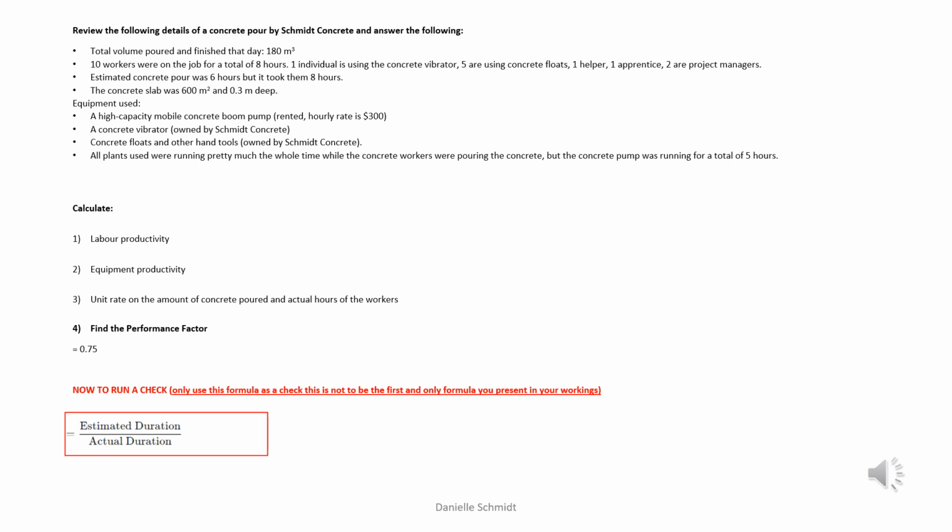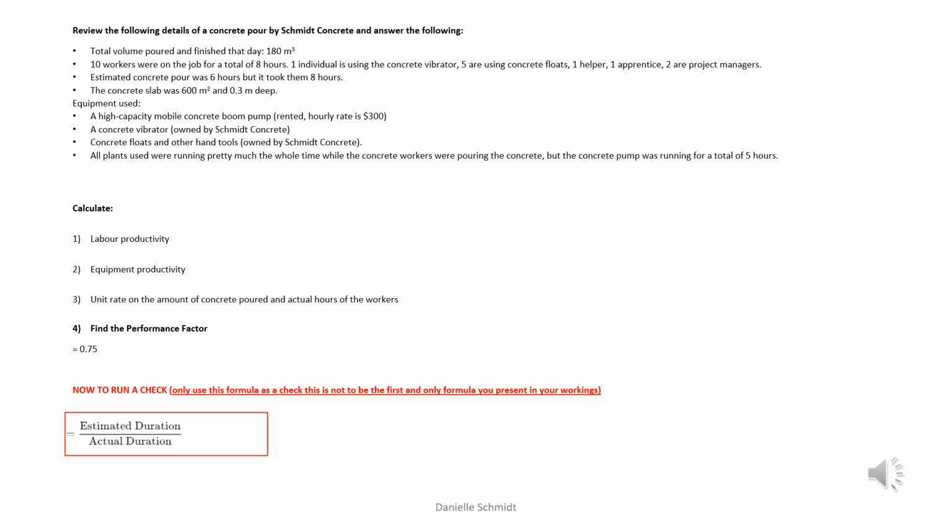A great way to do a check, and I reiterate, this is only a check. This is not the answer. So technically this equation is not the equation, but it's a very handy little check and it takes 2 seconds. So I'm showing you so that you can check your responses, and it helps you know if you've answered question 3 and question 4 correctly. You can kind of mark yourself as you go.